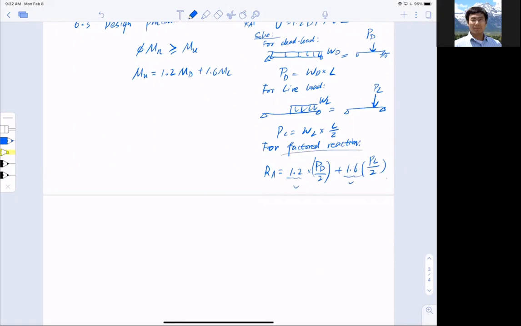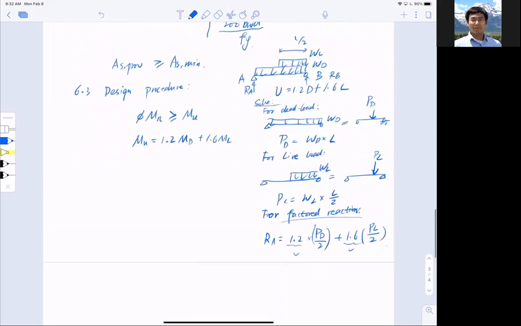Now if you're bored of this, you say, I don't want to do this. I just want to add up, and maybe convert it at the beginning. I can just convert it at the beginning to say that I have a dead load of omega D. So here omega U on the half span is 1.2 omega D, and on the other half span omega U equals 1.2 omega D plus 1.2 omega L. That is also okay.